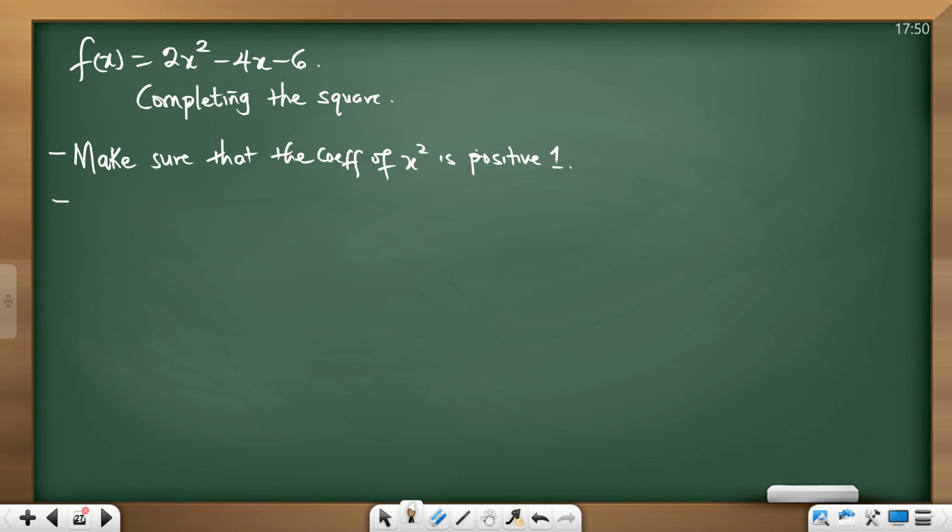Number 2, create your template for the answer. Let me use that word; I'll explain what I mean. Create your template for the answer.